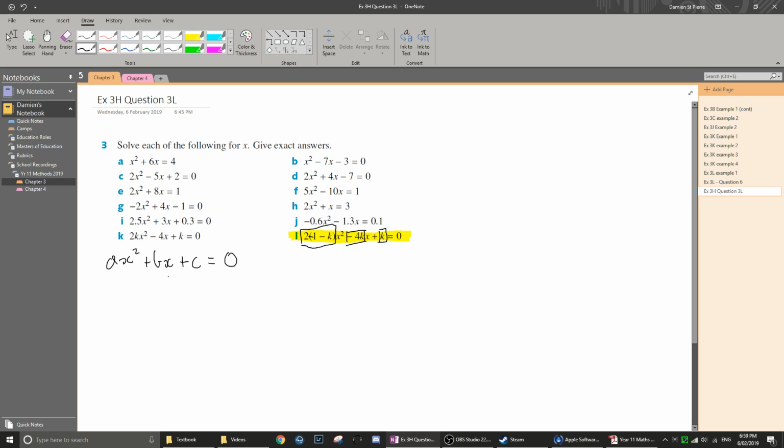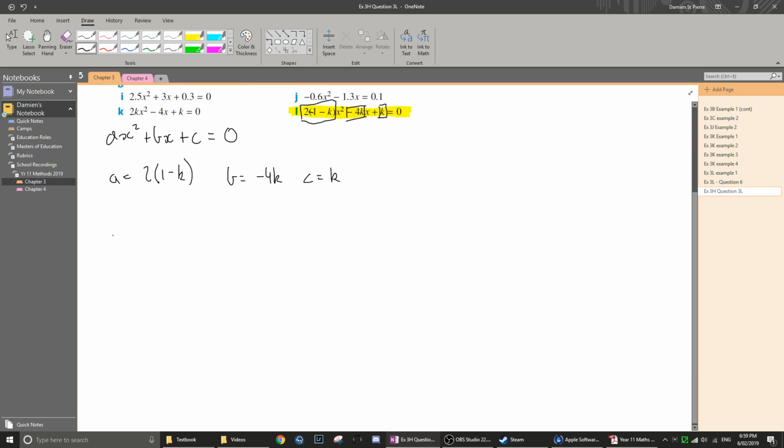So we are in the standard form where a is equal to 2(1 minus k), b is equal to negative 4k, and c is equal to k.